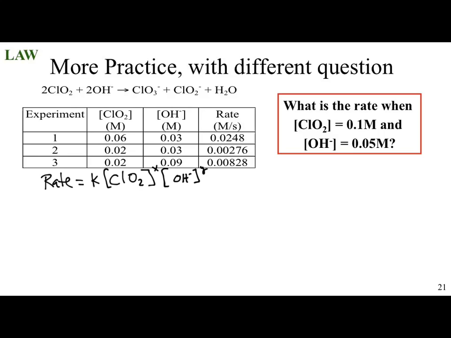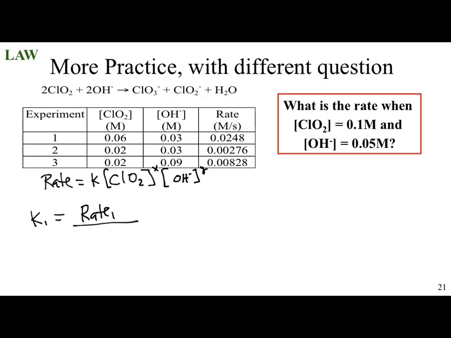For each of these individual experiments, what's the rate constant? It's a constant. It's the exact same value. So what we're going to do is mathematically solve this as opposed to just looking at data. I'm going to solve for the rate constant for experiment 1. The rate constant for experiment 1 should equal what? The rate for which experiment? Experiment 1.